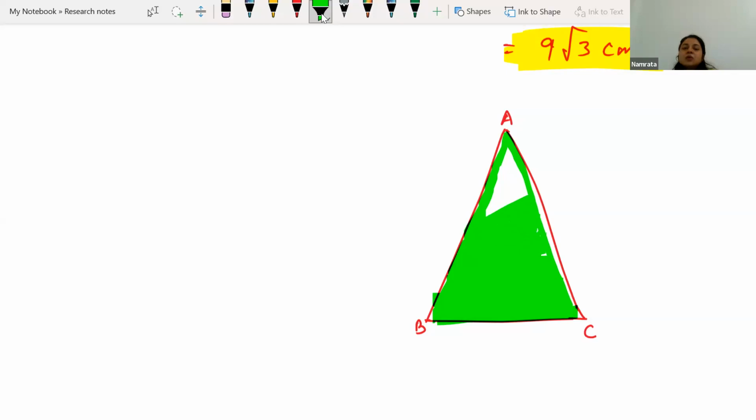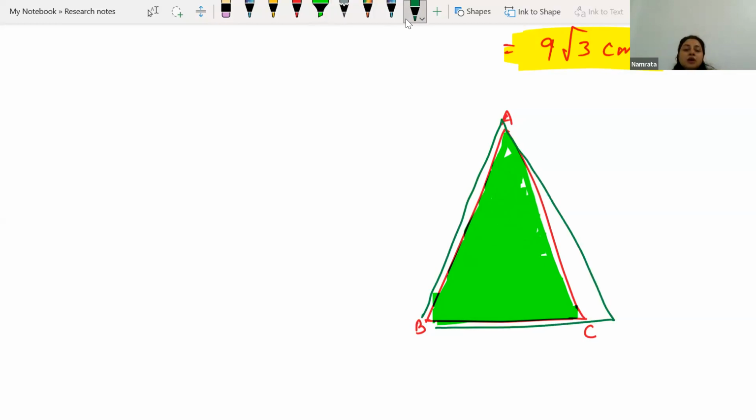So it's not only applicable for a triangle, we can apply the same concept for any shape, be it a circle, be it a rectangle, be it a square. So area means this portion only, the inside part, and perimeter means the boundary only. This boundary, this boundary, and this boundary.